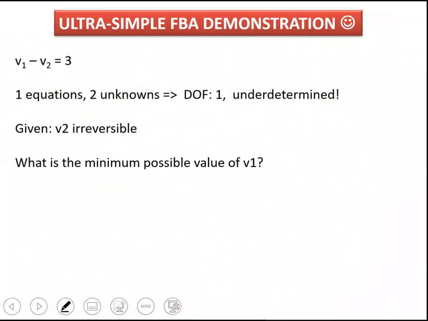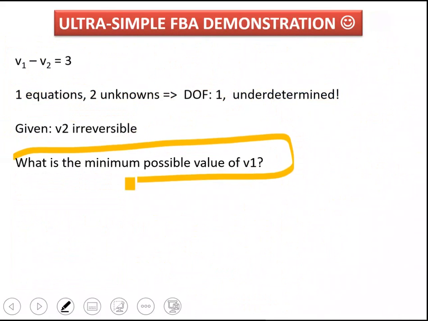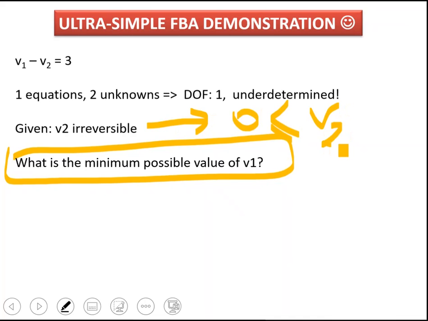So let's focus on the question again. What is the minimum possible value of V1? We know that V2 can have any value between 0 and infinity.